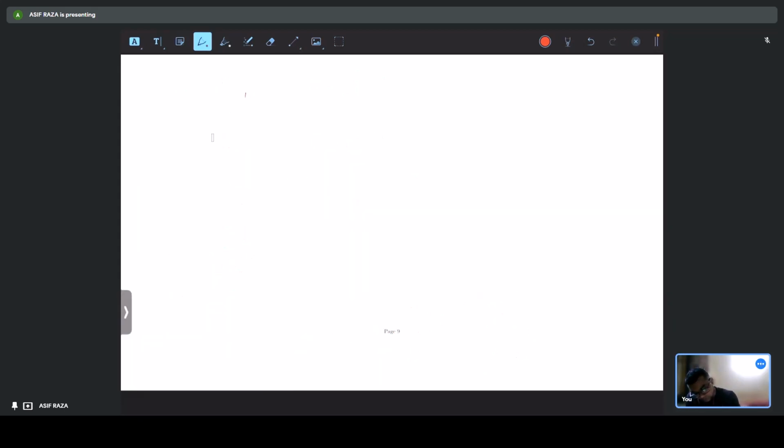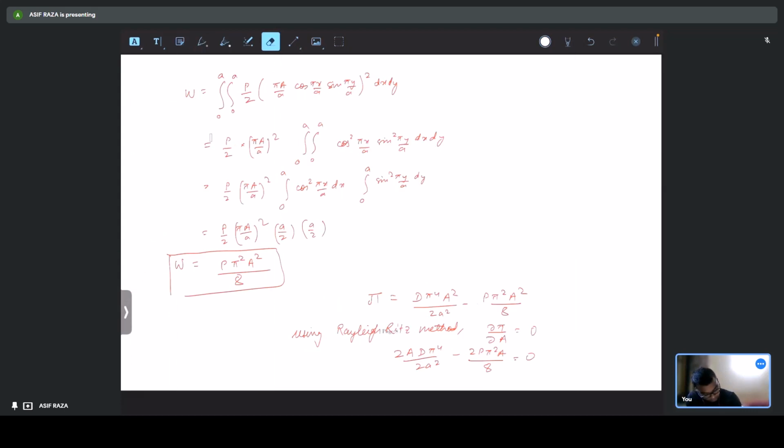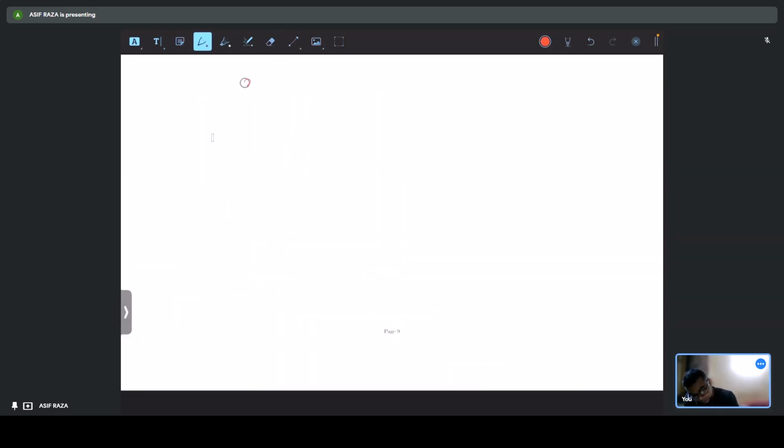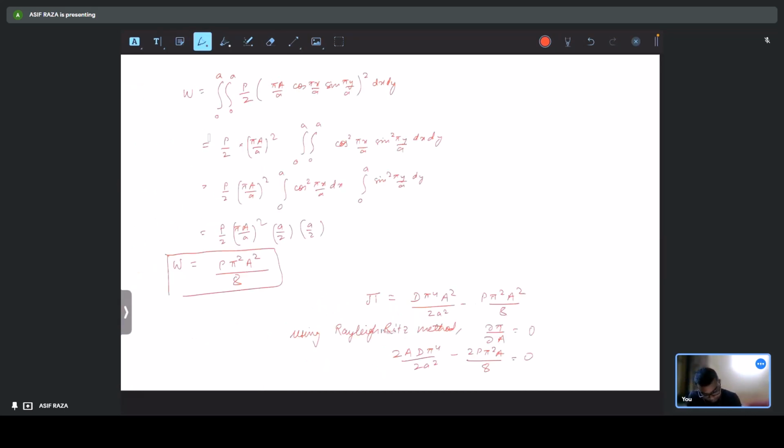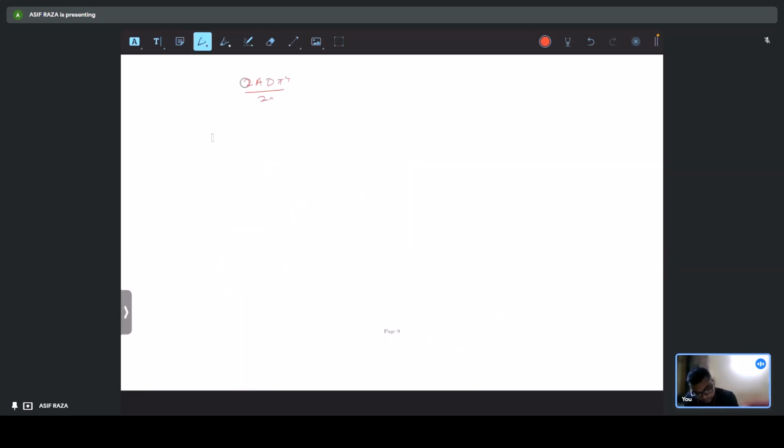This will give me, so I'll first write this again, 2AD by 4 upon 2A square minus 2P pi square A upon 8 equal to 0.